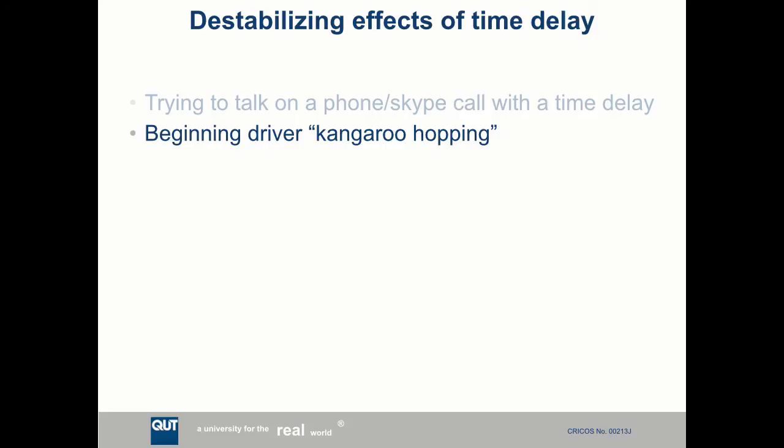And it's basically you're reacting too slowly. So there's a delay between what's happening and you pushing the pedal of the accelerator, and that has this destabilizing effect of kangaroo hopping. That's very definitely an oscillation that's induced by delay.